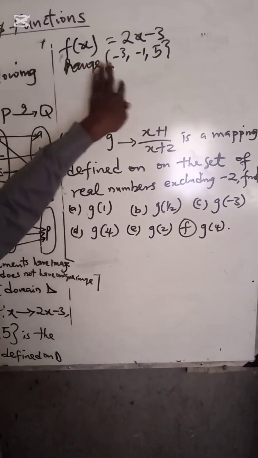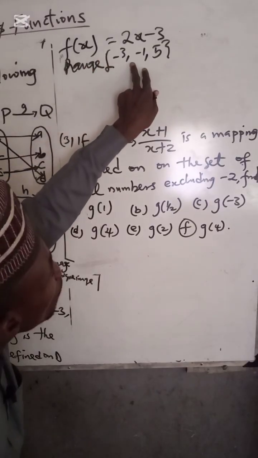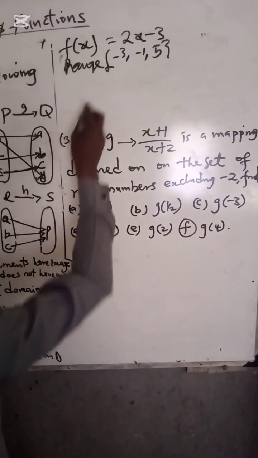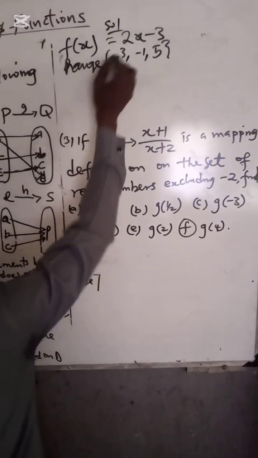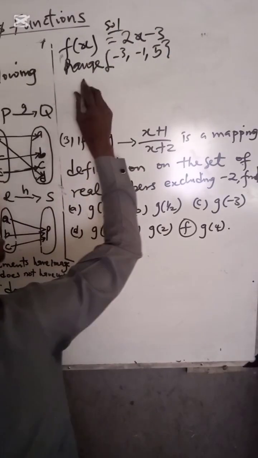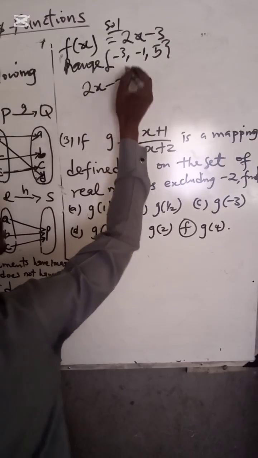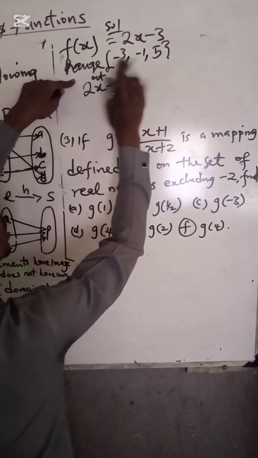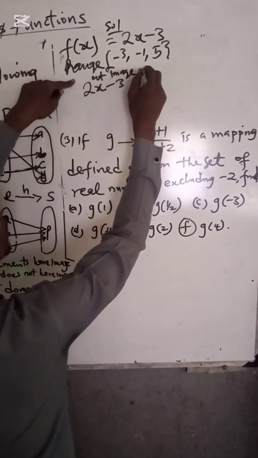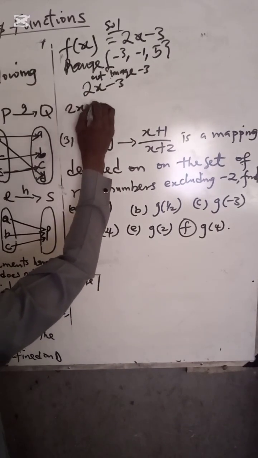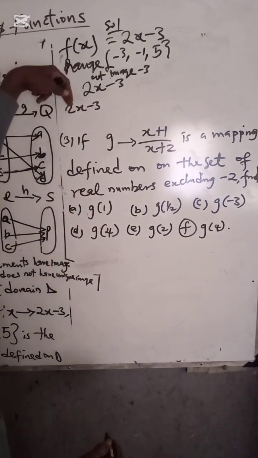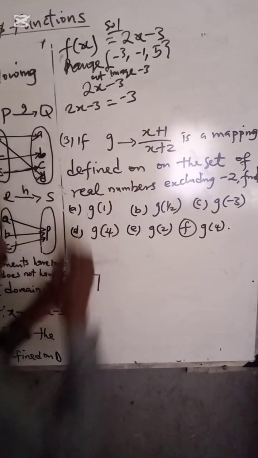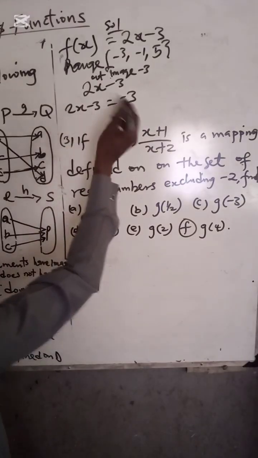It means that the output, the codomain in this relation, for the first one, the image is minus 3. 2x minus 3, that is, when you input a value of x, it gives you an image of minus 3. Now, what's next?